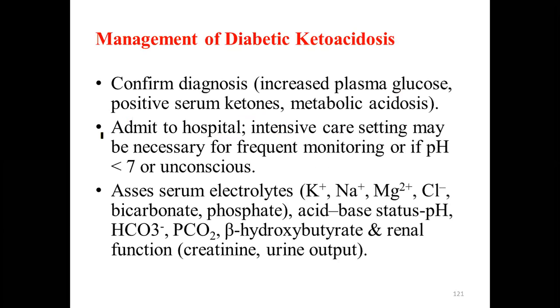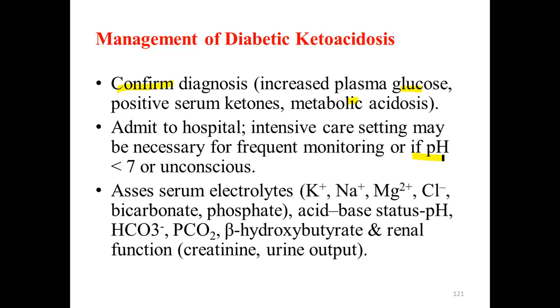Then, how do we manage? Remember, in managing diabetic ketoacidosis, the first thing that comes to your mind is you have to be very sure whether the patient is having DKA or not. How do you know? Look at sugar, ketone, and arterial blood gases. That is very important. Then the patient is admitted to the hospital. An intensive care setting may be necessary for frequent monitoring, or if the pH is very low, like less than 7, or if the patient is unconscious.